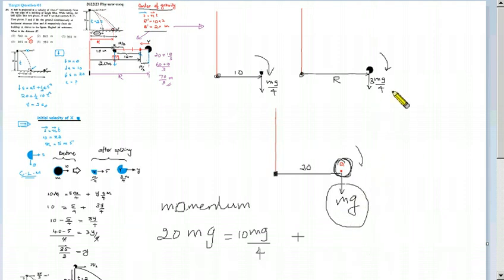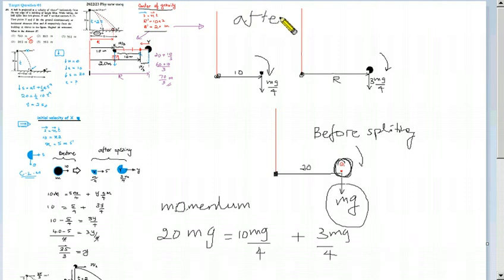So this one 3 mg divided by 4, understood? This one is before splitting, this one after, this one also after.